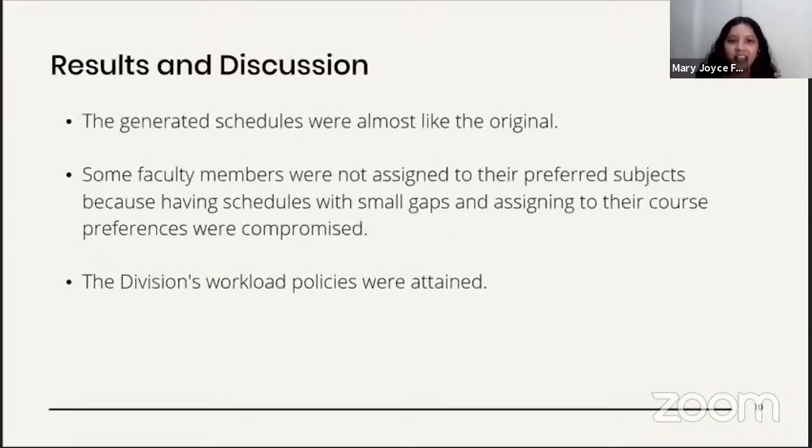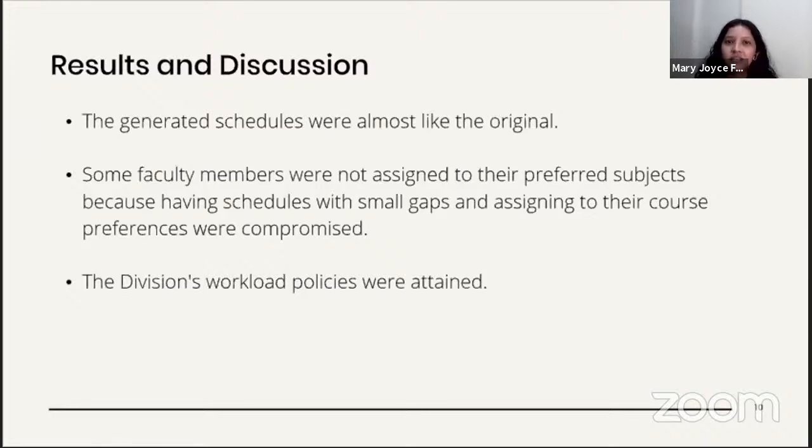And then, for the results, the generated schedules ay same lang sa original schedules, almost the same, since may nabago dahil nga naglagay tayo ng close gaps na minimize natin yung time ng courses, and then hindi na-assign yung ibang prof dun sa preferred subject.